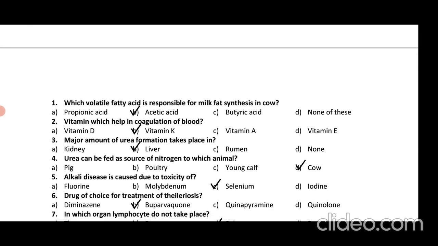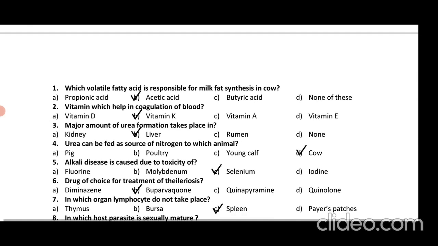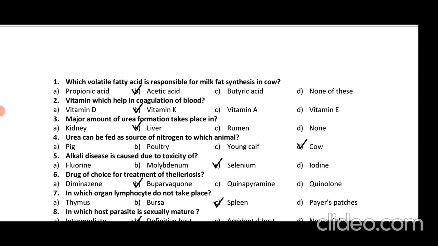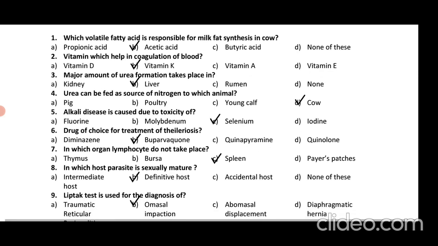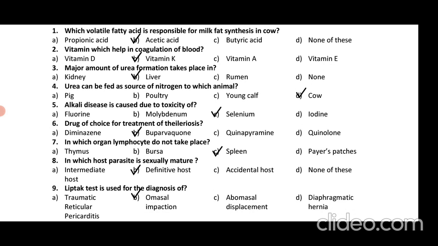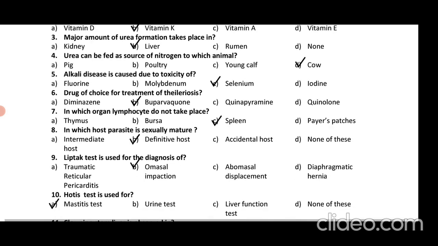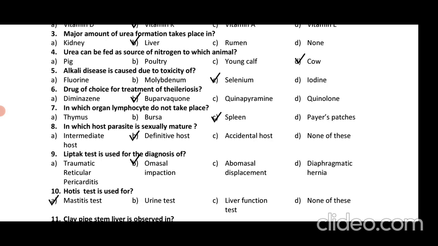In which organ do lymphocytes not take place? Spleen. In which host is the parasite sexually mature? Definitive host. Lip tack test is used for diagnosis of omasal infection. Hortvet's test is used for mastitis.